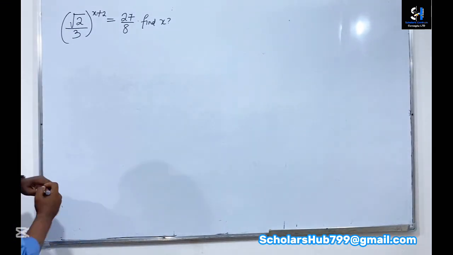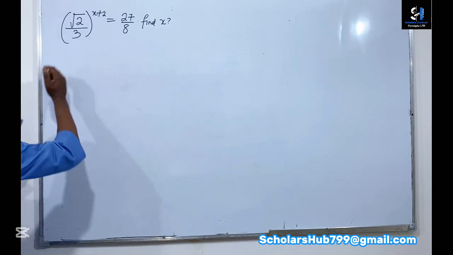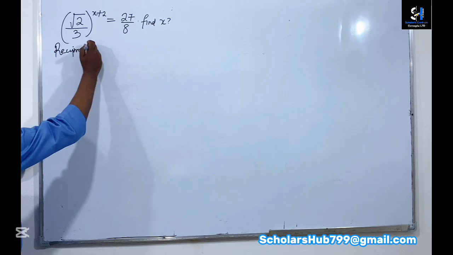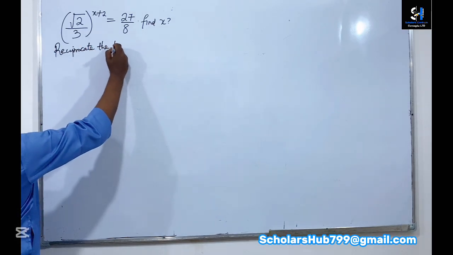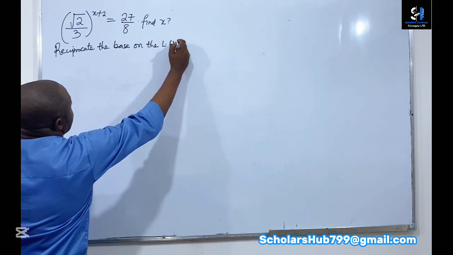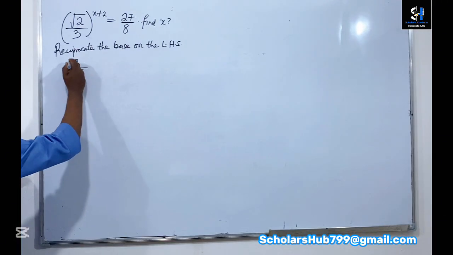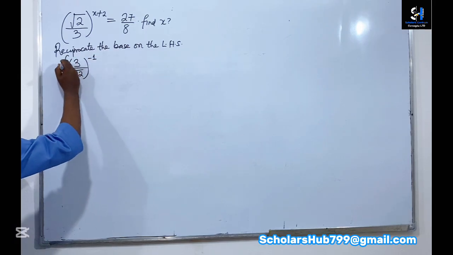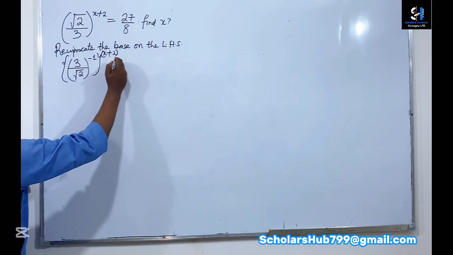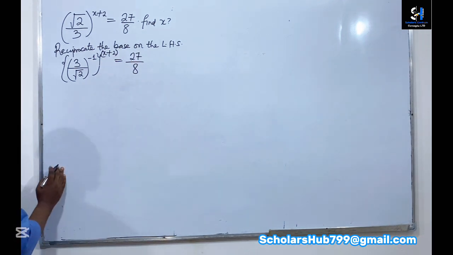So what I will do first is reciprocate the base on the left hand side. That will be (3/√2) raised to the power of minus 1, all raised to the power x+2, equals 27/8.